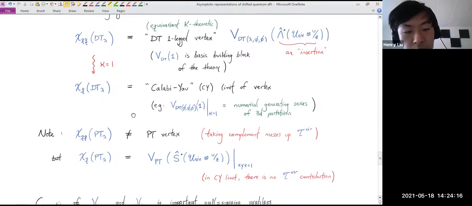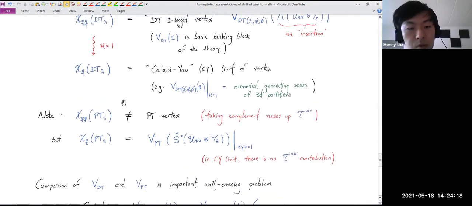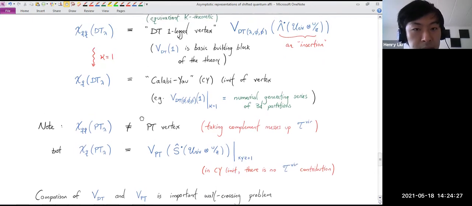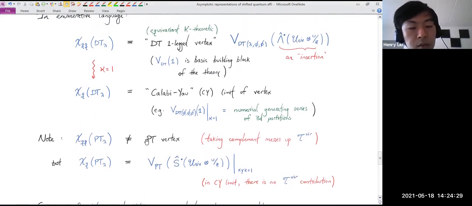Now, if you try to repeat the same story for our PT modules, something goes wrong a bit. Well, not a bit, it really goes very wrong. Because you can try to define what's called the PT one-legged vertex in exactly the same way you define the DT one-legged vertex. So it'll be like a K-theoretic integral over one-legged PT moduli space with respect to the virtual structure sheaf with some kind of insertion.